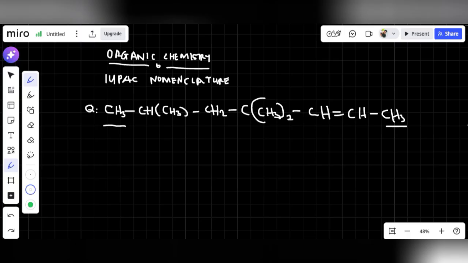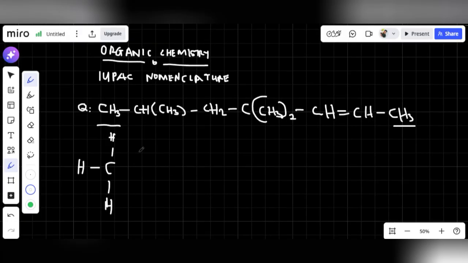Now, how do you draw the structure of this very long, ridiculous guy here? Very simple. Start from the beginning. So you have C, hydrogen, hydrogen, hydrogen. That's the meaning of CH3. Then you have CH, but in a bracket there's CH3, meaning that CH3 is attached to this CH. So just put the CH3 down here.